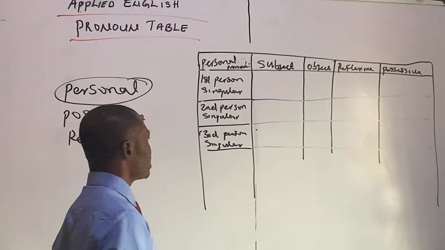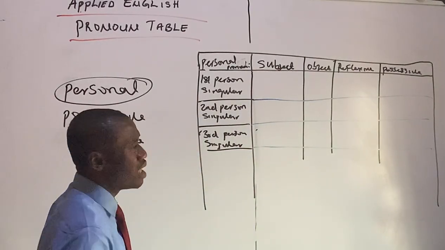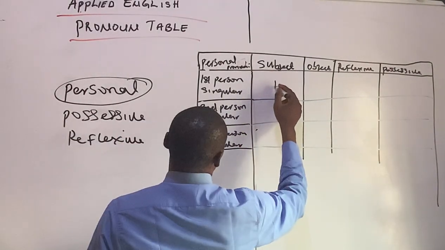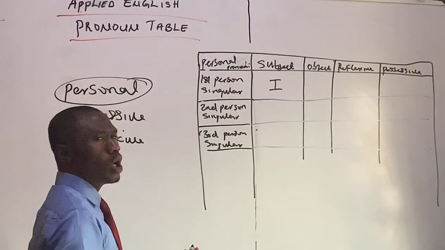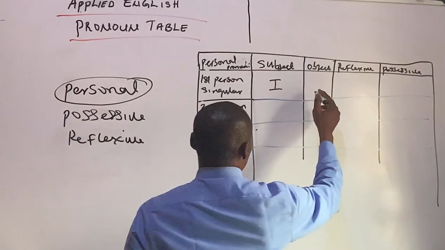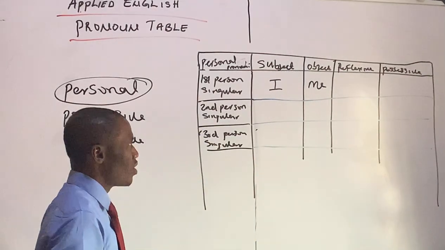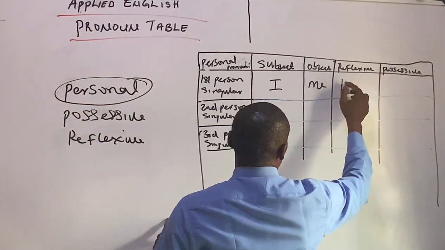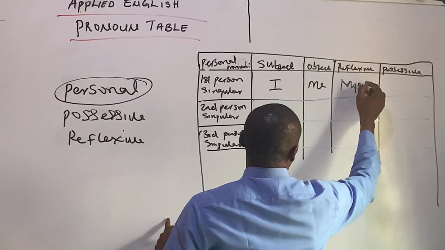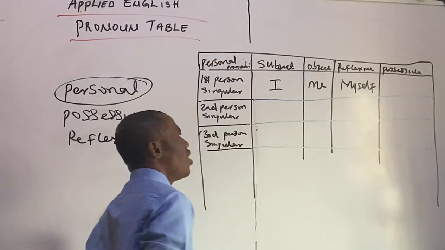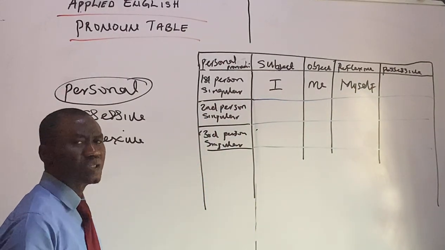For the first person singular at the subject level, you use I. At the object level, you use me. For the reflexive pronoun, you use myself. For the possessive pronoun, you use mine.